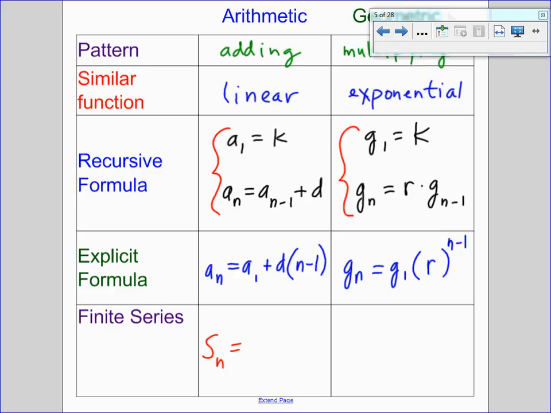In an arithmetic sequence, as we did for Bellwork, that's n times the quantity a sub 1 plus a sub n, all over 2. Versus our geometric, the sum of n terms in a geometric sequence is given by g sub 1 times the quantity 1 minus r to the n, all over 1 minus r.